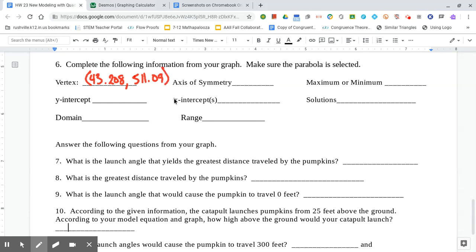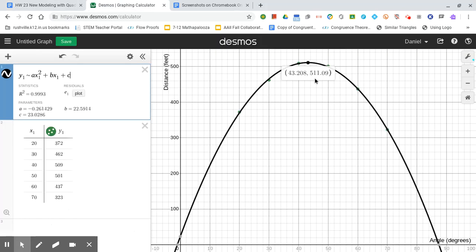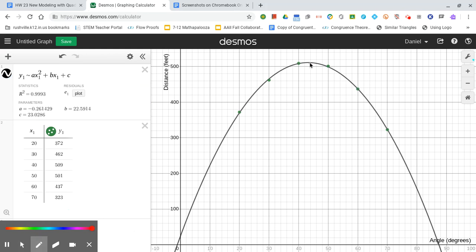Okay. An axis of symmetry, just a reminder, is that dividing line on a parabola that would create two equal parts of the parabola. So we should have two equal parts on either side of this dividing line. Where would we have to draw such a thing? Well, we'd have to draw it through the vertex.